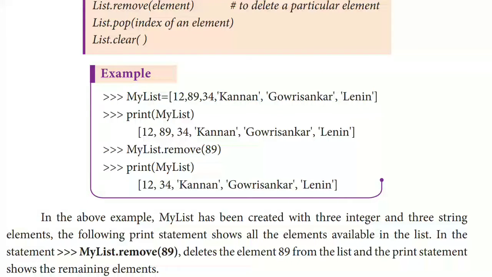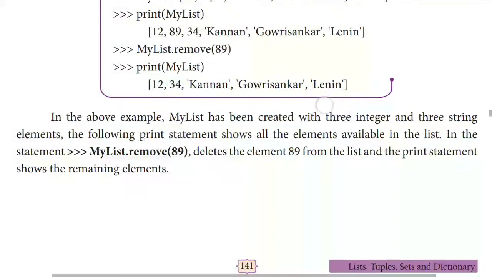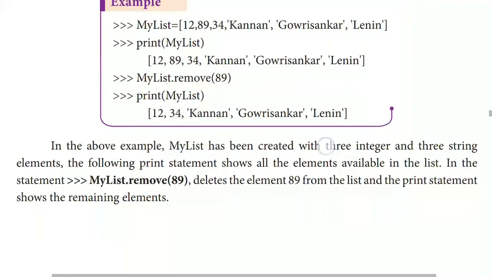This statement will remove only the element 89. So here you can see that in the next statement they are printing the list, and you can see that 12, 34 and other elements are printed except 89.